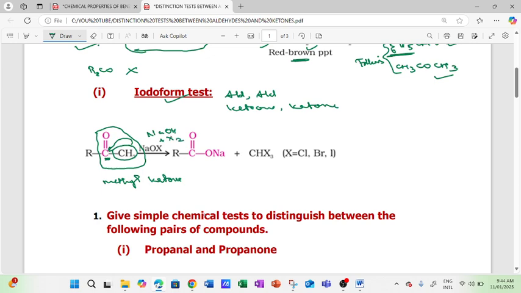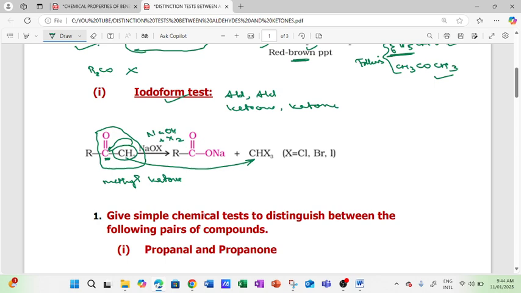Sodium hydroxide and halogen. During the reaction, this CH3 will change into CHI3. Don't write CH3I. It is CHI3, if the halogen is iodine. Or else we can write CHCl3 or CHBr3. It's chloroform, bromoform or iodoform. All of those are precipitates.